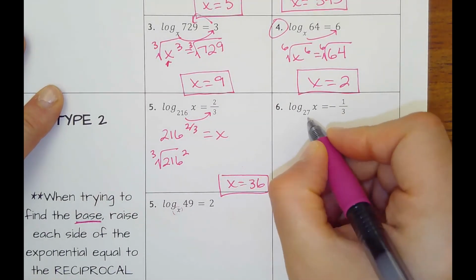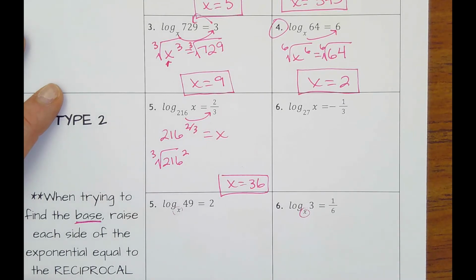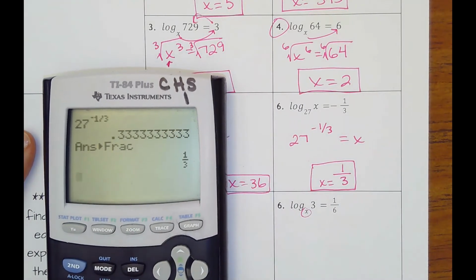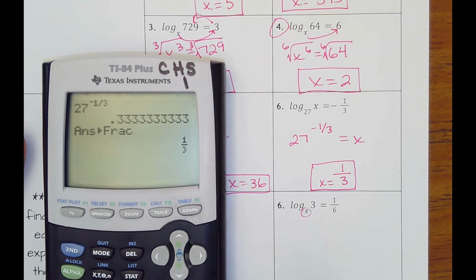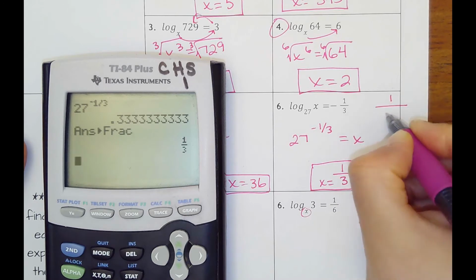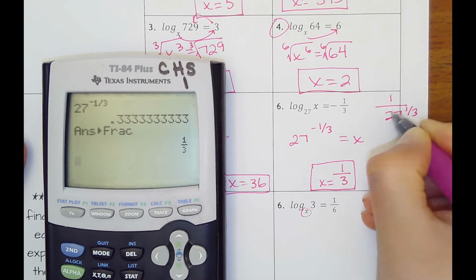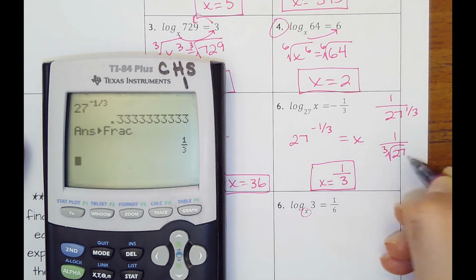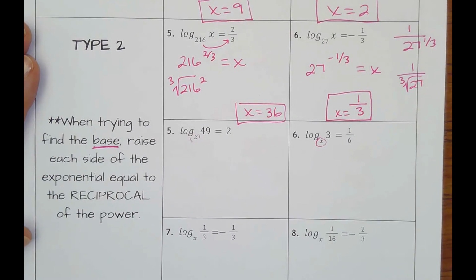Number 6, go ahead and try this one on your own. I did it on the calculator. It showed me point through repeating. It turned to a fraction. That's 1/3. The reason why is because a negative power really sinks this to the bottom, and a 1/3 power is really the cube root of 27, which is 3. So you get 1/3.